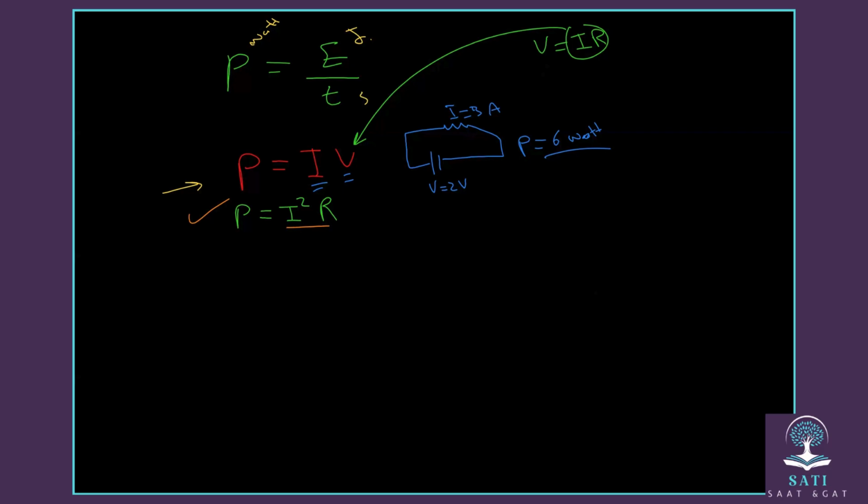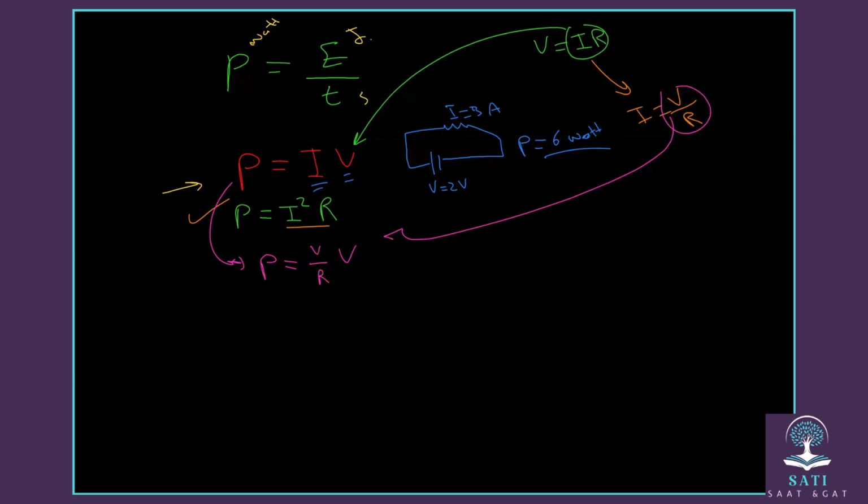From this formula also, as we know, I equals V over R. So if I do this again, here, as you see, P equals I times V. I leave V as it is, and I change the I by V over R. So when I put V over R here, I'll get V times V, which is V squared, so that's going to be V squared over R. So this is now another formula for power.